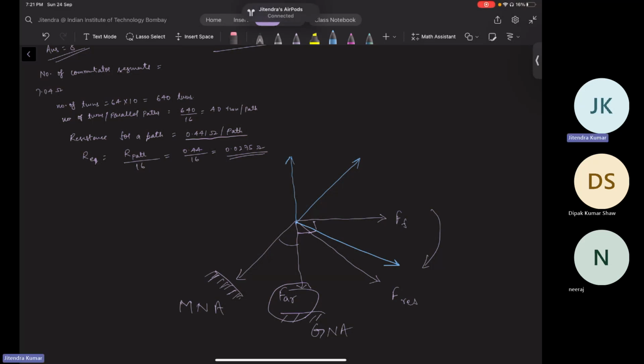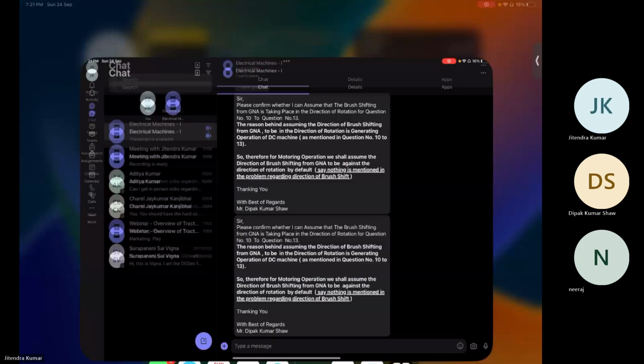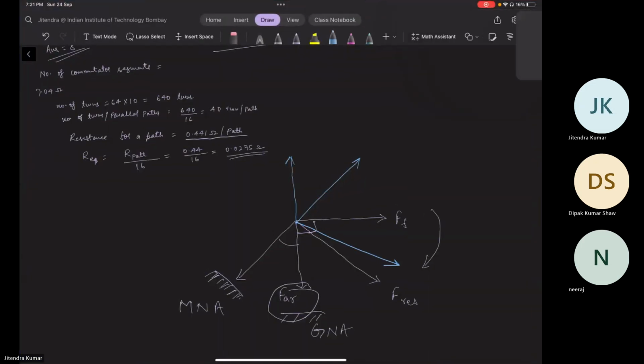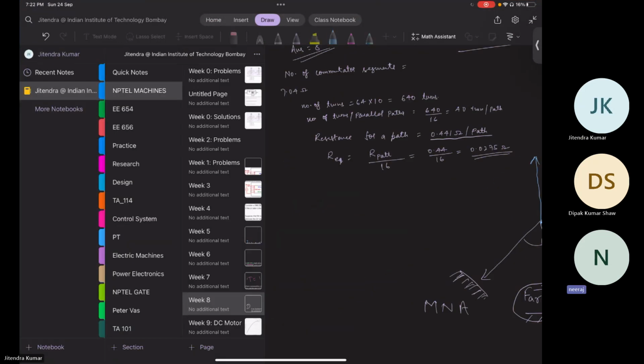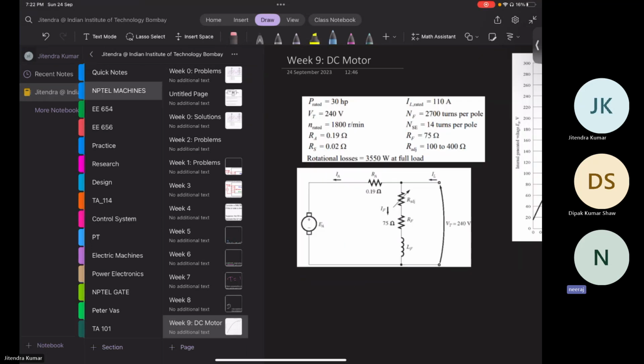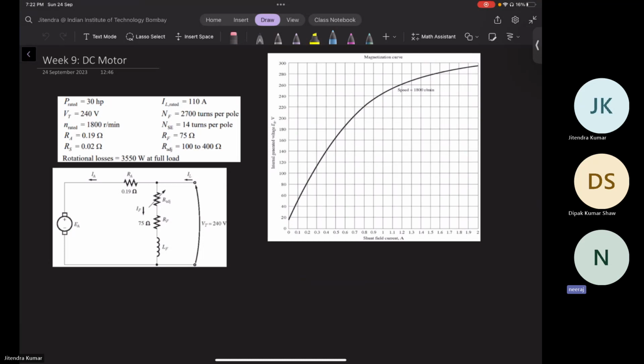Yeah, so I am back. Now let us start from a problem. Read this data, and we'll try to solve it.